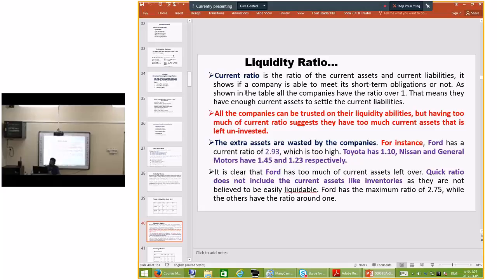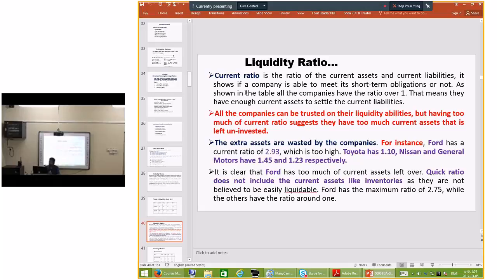All the companies can be trusted on their liquidity abilities, but having too high a current ratio suggests they have too many current assets left uninvested. That's why I told you earlier, the extra assets are wasted by the companies. For instance, Ford has a current ratio of 2.93, which is too high.